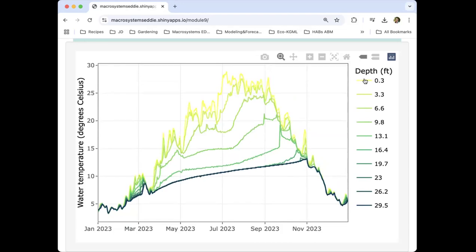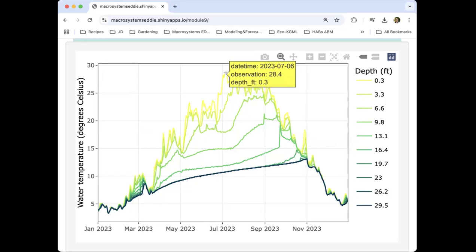You can see that this graph became a lot more complicated looking very quickly, but just focus on what is shown in the legend, and that will really help us interpret what's going on. Remember that each of the different colors of the lines is showing you water temperatures that are collected at a different depth. So at what depth are the warmest water temperatures observed?